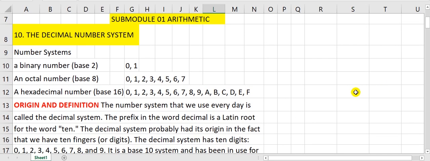There are other number systems, such as the binary number system. The base is 2. The parameters are 0 and 1, like a switch on and off. The octal number, the base is 8, and the parameters are 0, 1, 2, 3, 4, 5, 6, 7.